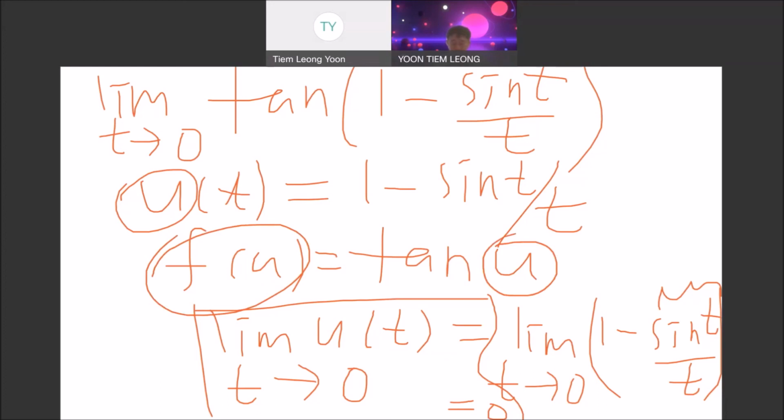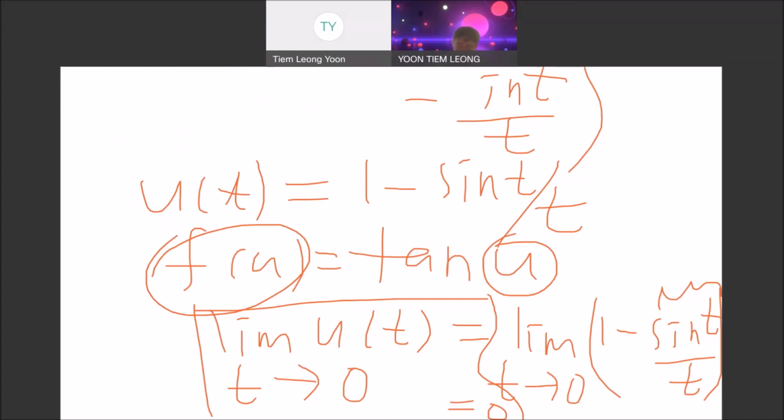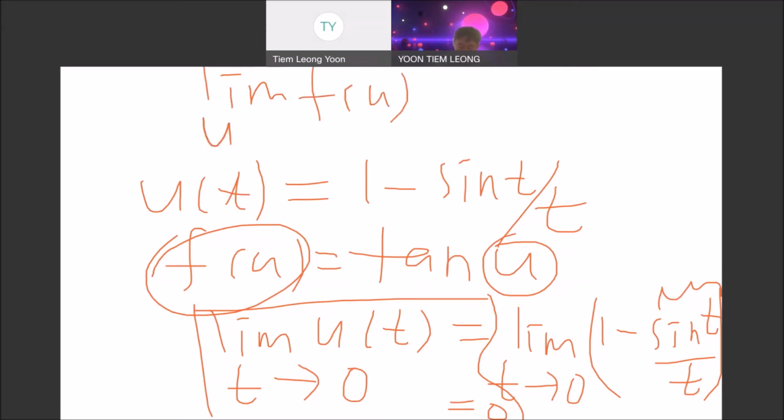Let me write it down upstairs, I need some space. So we answer the question: what is the limit of the function f of u when u tends to 0? The 0 here refers to the limit of u, which is 0.